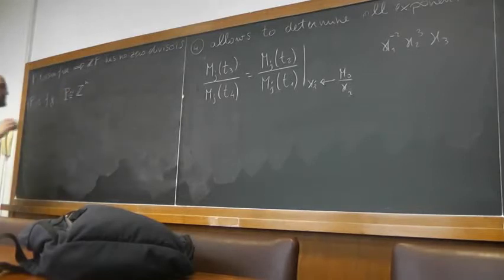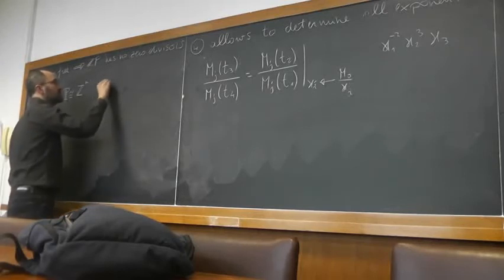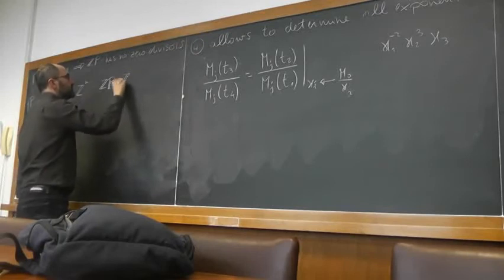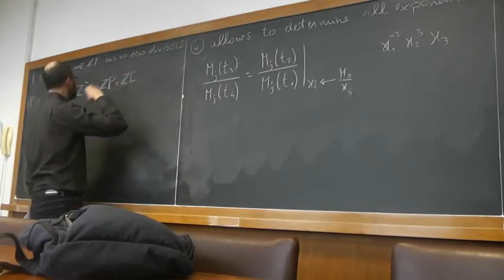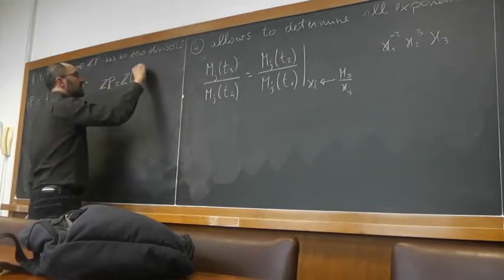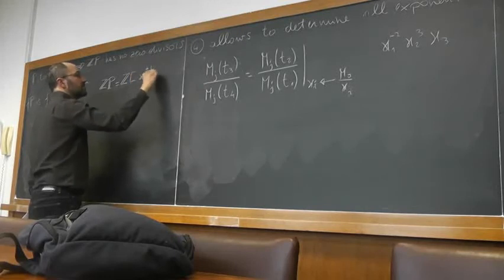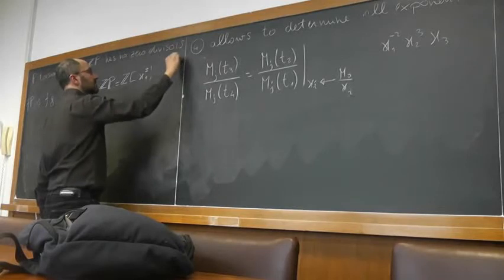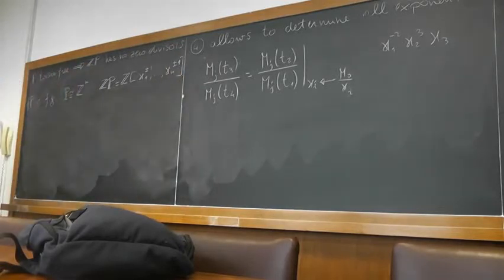And ZP is a polynomial ring in x1 to plus or minus 1, ..., xn to plus or minus 1. And so this clearly has no zero divisor. Okay?